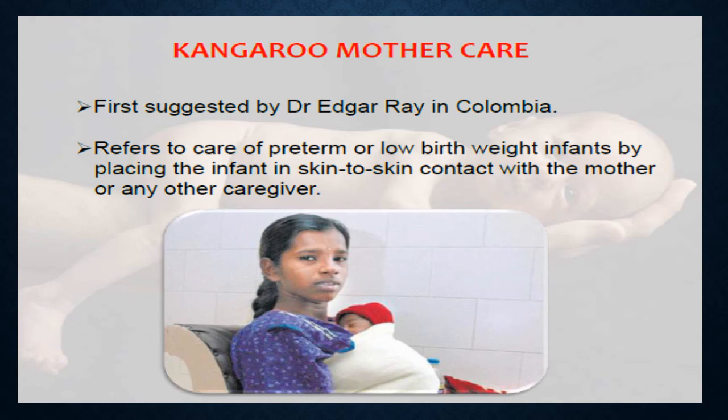And for the baby, it keeps the relation with the mother and supports exclusive breastfeeding, solving the problem of hypothermia by direct skin-to-skin contact all over the period until the baby comes above 2 kilograms. Then at that point, it can be taken care of at home by neutral care.